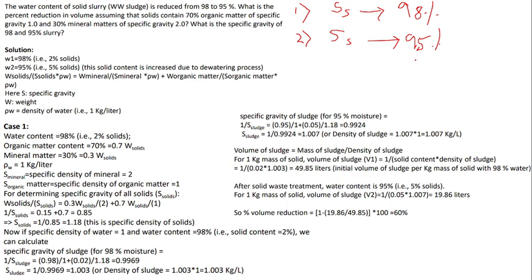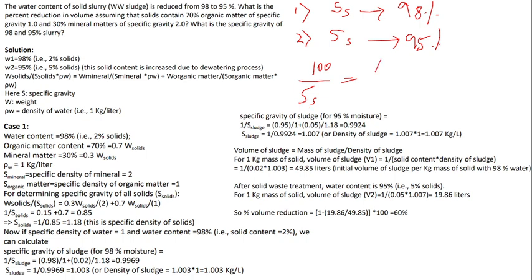To find either of these, we have to find the specific gravity of solid. The specific gravity of solids can be obtained by assuming that the solid content is 100 percent.